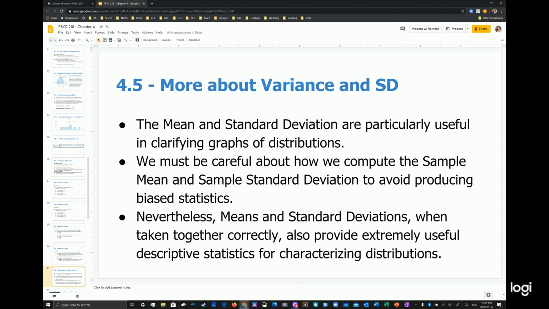Nevertheless, as the points say, when you compute means and standard deviations correctly and interpret them correctly, it would really help you describe the distributions that you see. You can give numbers to the central tendency value, the expected value, as well as a number for the expected spread.